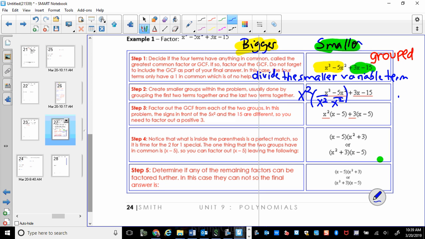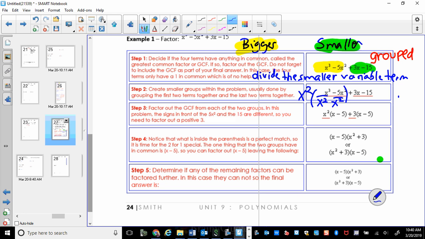All right. Look at 3x minus 15. What's the biggest number you can divide out of 3 and 15? 3. It's right there. Can you divide an x out? There's not an x in both terms, so no. All right.